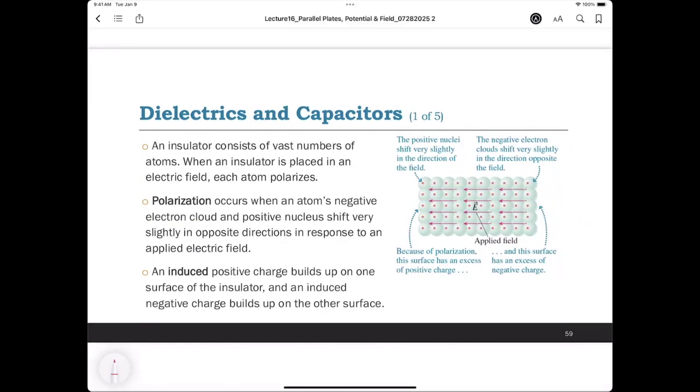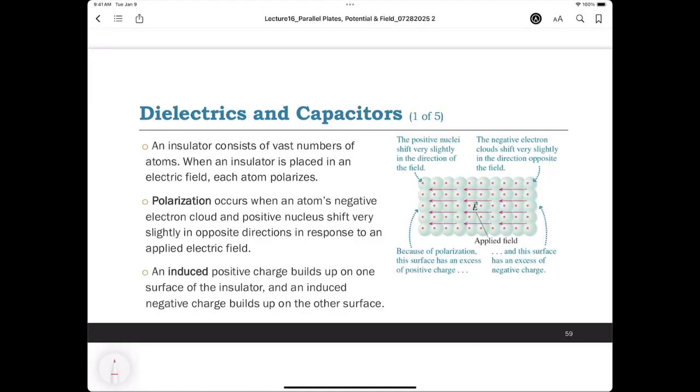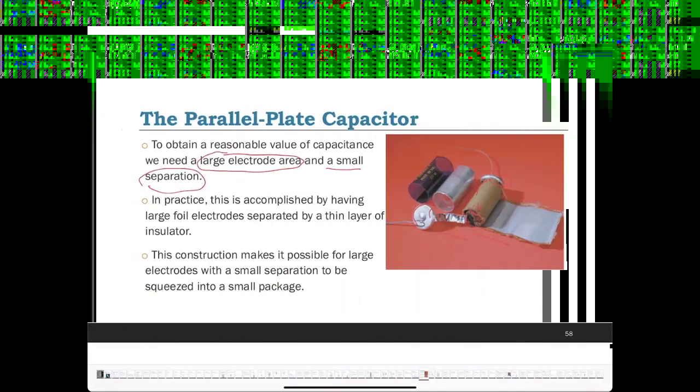Here we talk about dielectrics and capacitors. We talk about the structure of the parallel plate capacitor, and then we talk about how these practical capacitors work.